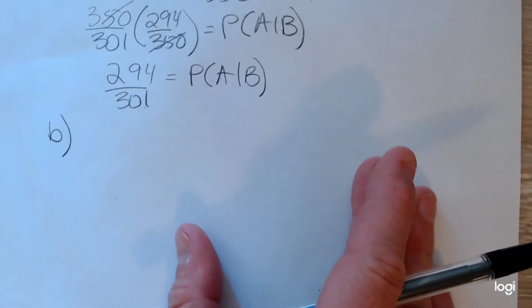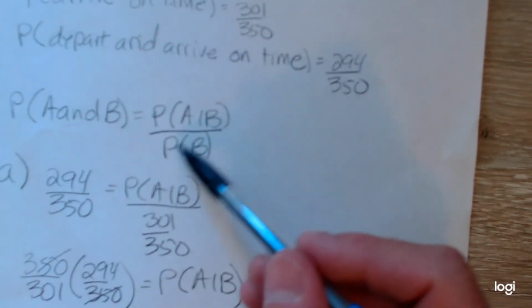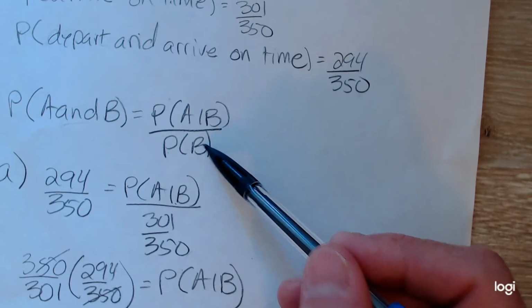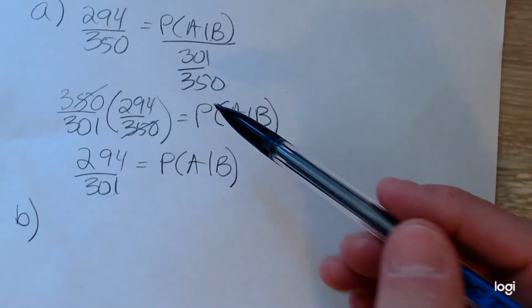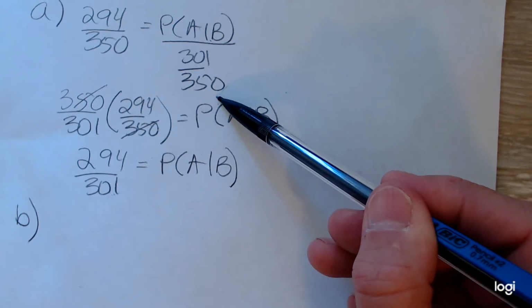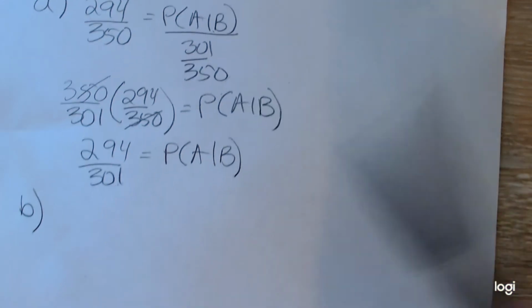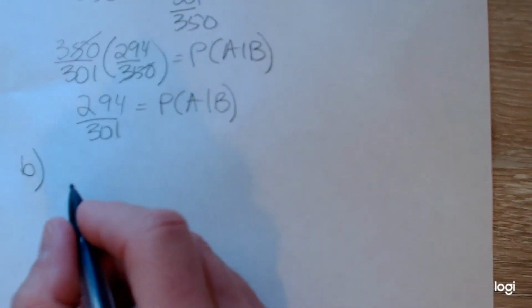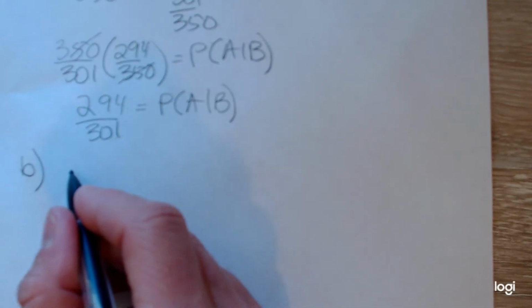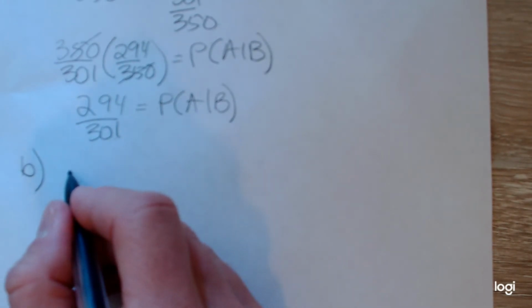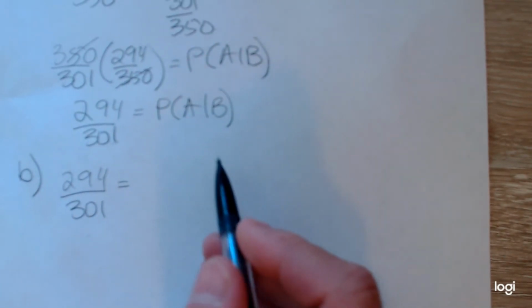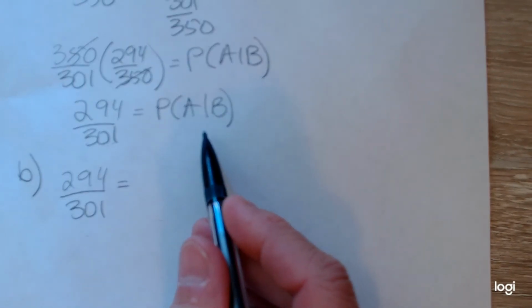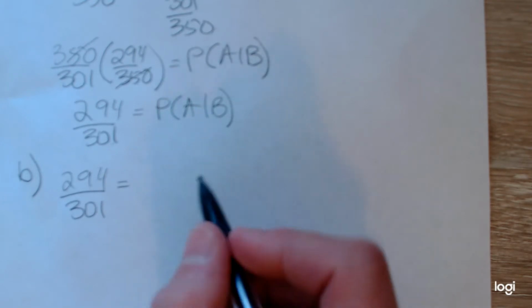So that denominator is going to be the probability corresponding to departing on time, whereas in part A, the denominator corresponded to the probability of arriving on time. The left side is going to be the same, that intersection. So what A and B represent now are different in this problem.